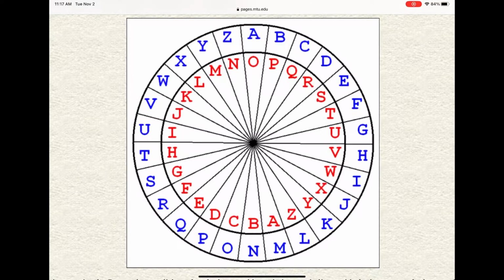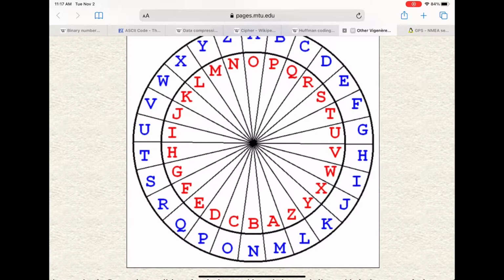You would go to your outer cipher here, or your plain text, and look at the T, and you'll see that the inner cipher key has an H, so you would replace the T with an H. You'd replace the H with a V, you'd replace the A with an O, and then you'd replace the second T with an H. And you would have something that looked like garbage. You wouldn't be able to tell what it is, except for if you had this key and could quote unquote decrypt it.